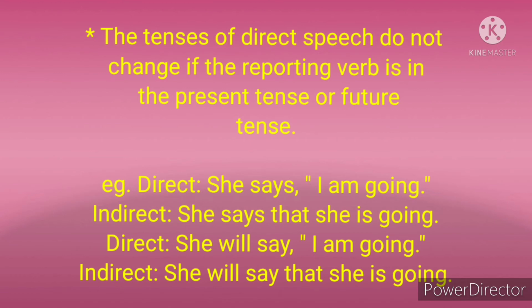She will say that she is going. "Am" agrees with the subject "I" in direct speech and "is" agrees with the subject "she" in the indirect speech. But both are present continuous. It is not changing because the reporting verb is future tense.